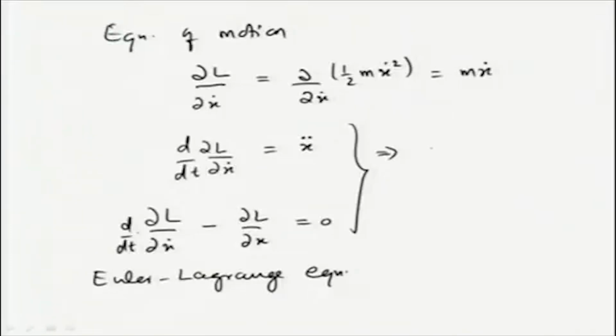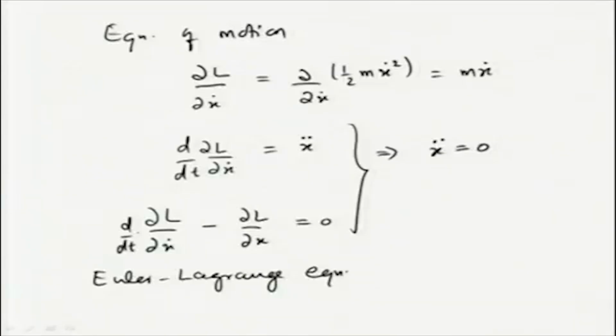So, this gives us in our present case x double dot equal to 0, which is the statement that the acceleration of the freely moving particle is equal to 0, that it will move with constant speed.